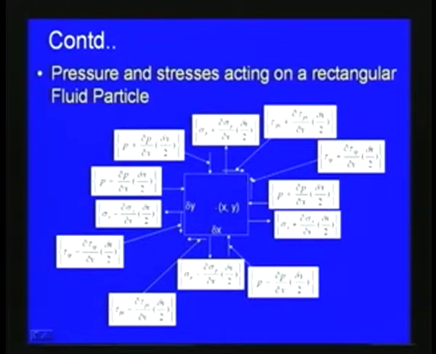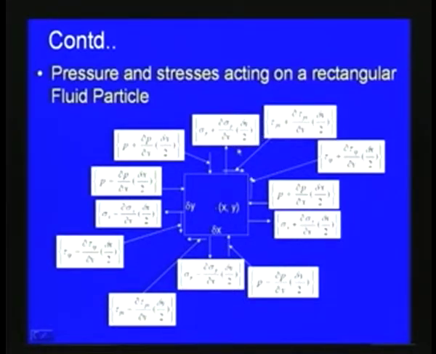Here it is explained further. This fluid element is delta x by delta y. The pressure and stresses acting on the rectangular fluid particle are written here. The pressure force on one face is P minus del P by del x into delta x by 2, and on the other face P plus del P by del x into delta x by 2. On the top face the pressure force is P plus del P by del y into delta y by 2, and on the bottom face it is P minus del P by del y into delta y by 2.